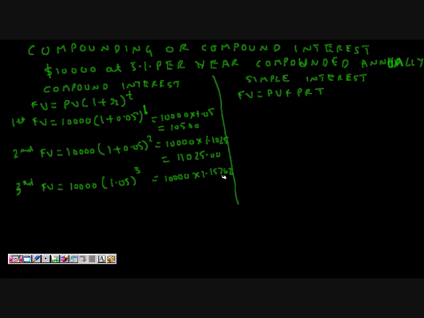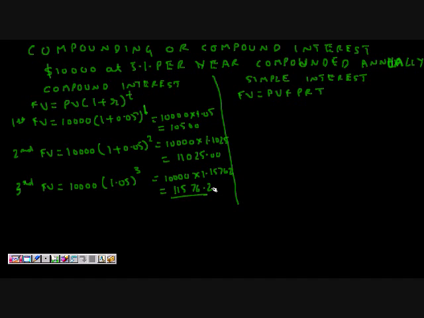So this is equal to 11,576.2. Okay, so that's the amount at the end of the third year. So if you put in $10,000 in a CD or a fixed deposit in a bank at 5% per year, at the end of 3 years you'll have 11,576 if the interest is compounded annually.